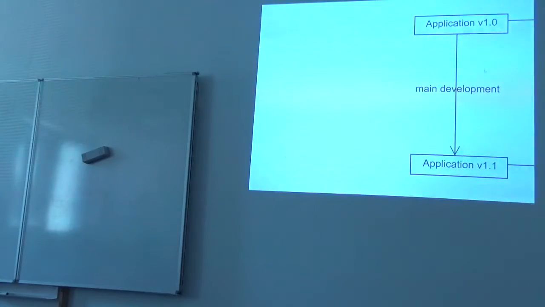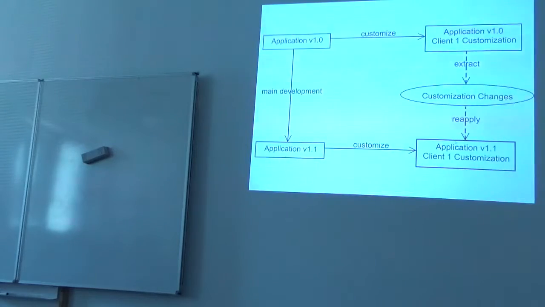These customization efforts can be understood as software product lines. There is a family of products, and you're buying some application which has a line of its main development, and constantly you're getting new versions. But as soon as you get a version of that application, you need to customize it to your own needs.